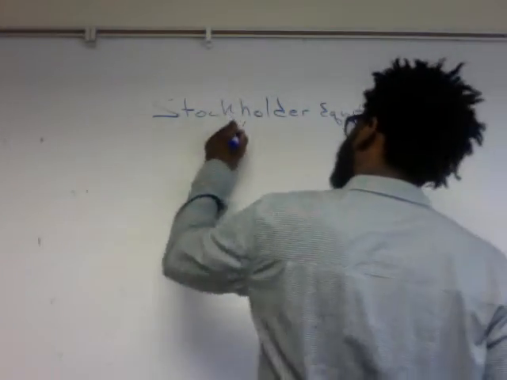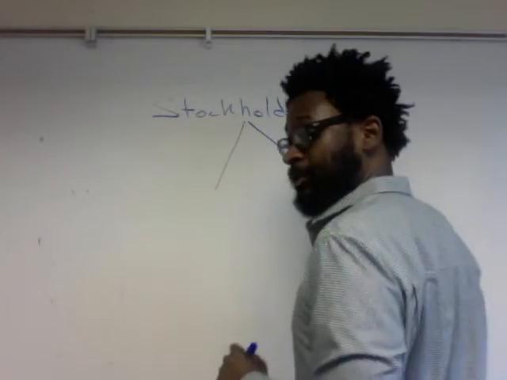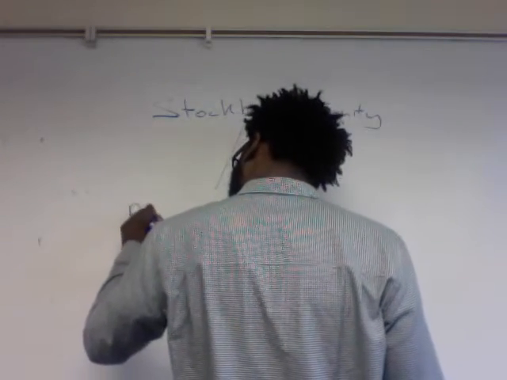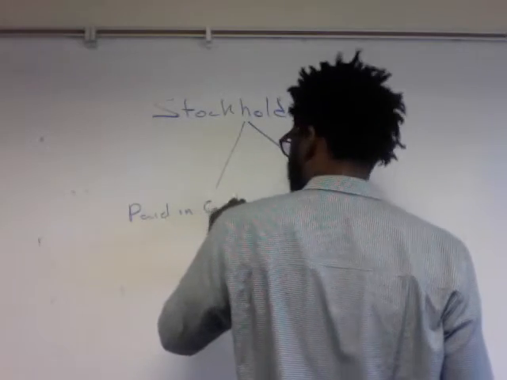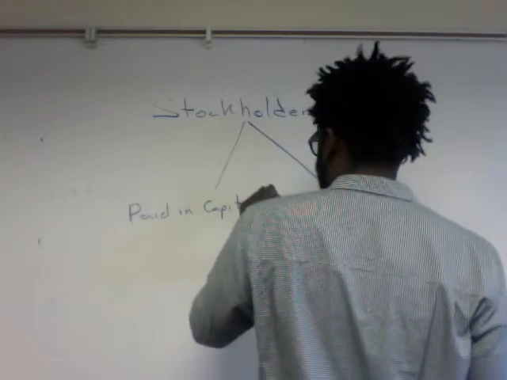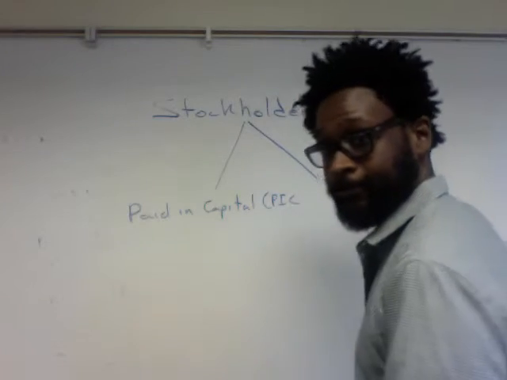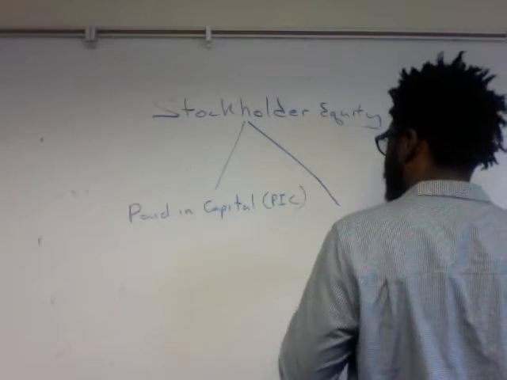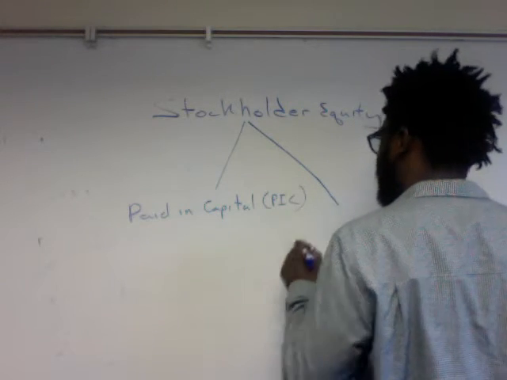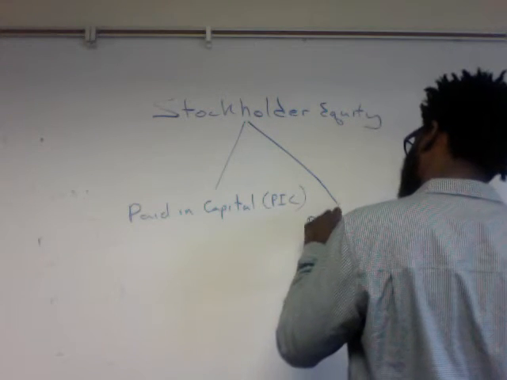First part of stockholders' equity is called paid in capital, PIC. And the next part of stockholders' equity, for right now, we're going to call it retained earnings.